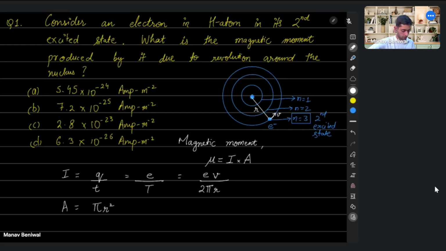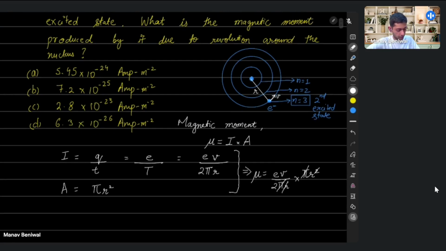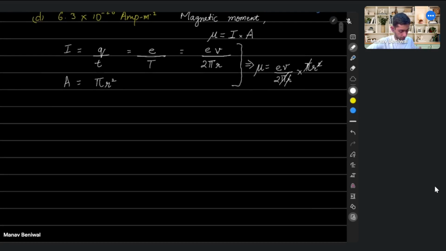Okay. So both of them combined will give us mu as e v over 2 pi r multiplied by pi r squared. And this r will cancel out with one of the r's and pi will cancel out. So what we are left with is e v r by 2. Right?